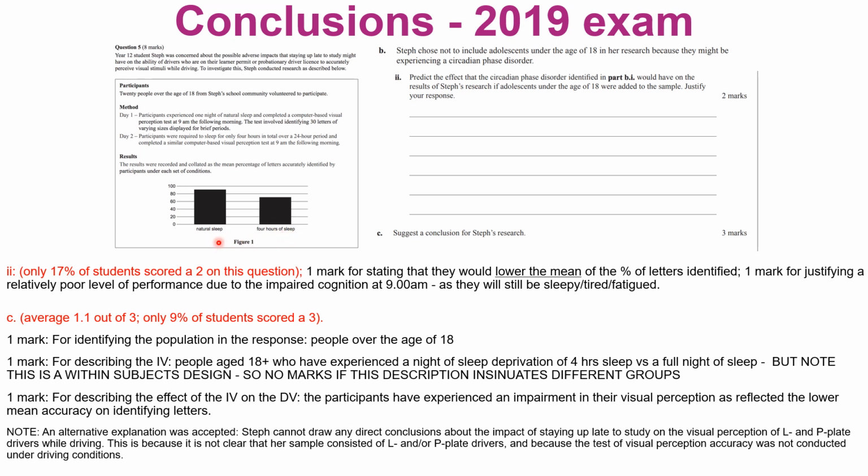So we need to convey that we're comparing the same cohort of participants, because it's a within subjects design, over 2 different conditions. And then we need to emphasize the result, that we're tracking the number of errors on this visual perception task. And so what we can conclude from our means of the 2 conditions is that we're going way worse when we're sleep deprived on this visual perception task. We don't need to draw implications. It's just asking us for a conclusion based on this study.